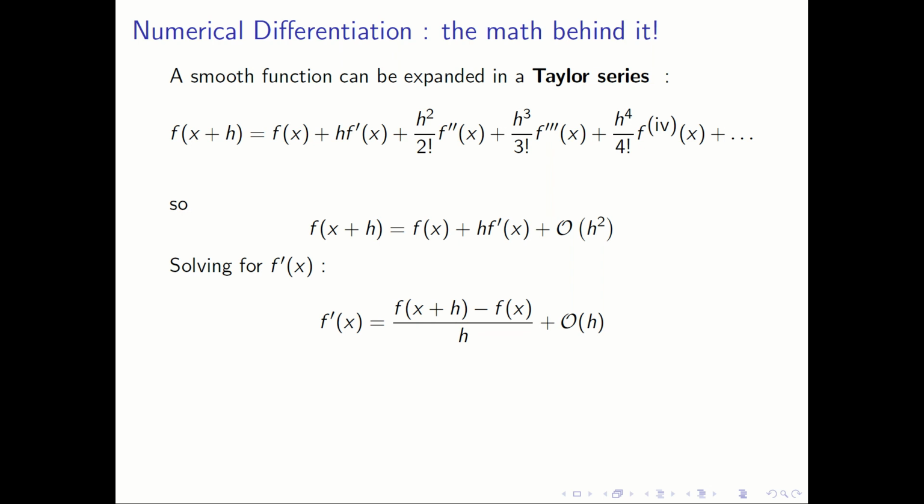Notice that f of x plus h minus f of x by h is exactly the forward difference formula. So if we approximate the derivative by the forward difference approximation, we expect this term to represent the error, and the error should be proportional to h. And so if I cut down h by a factor of 10, the error goes down, of course, but only by a factor of 10.